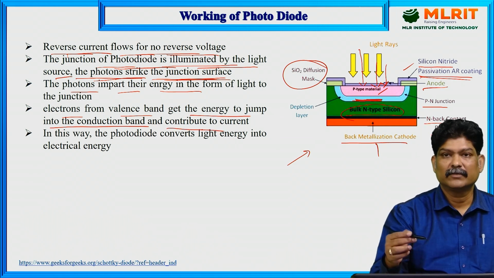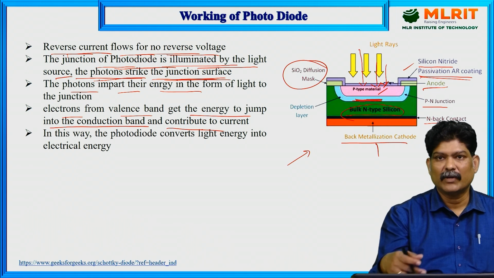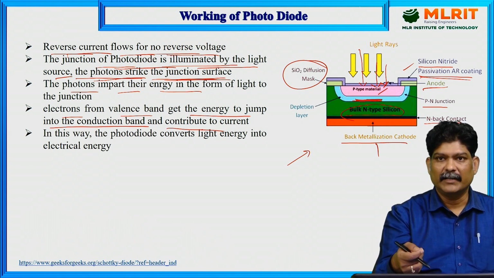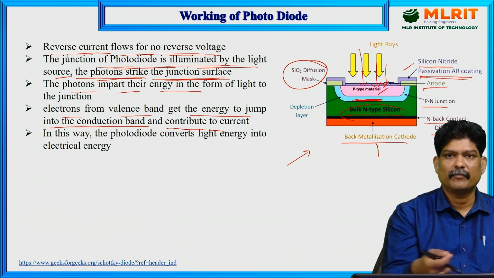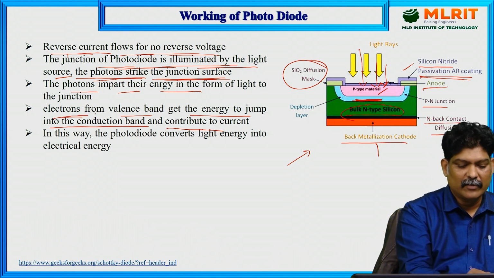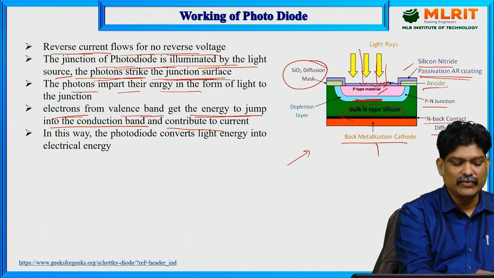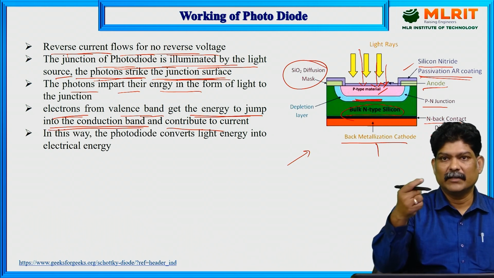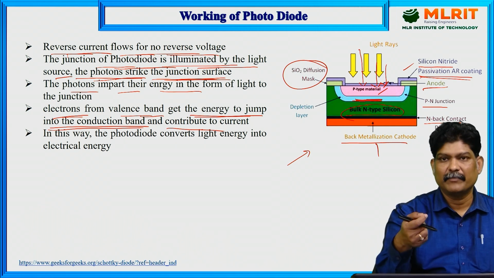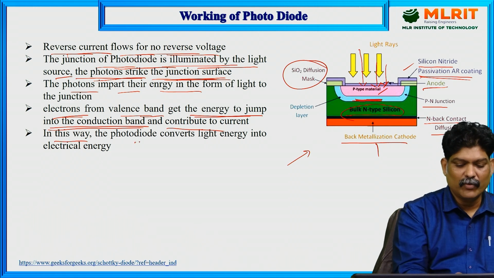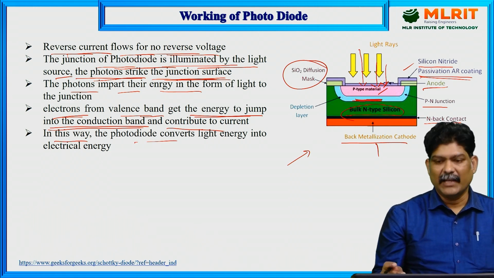The particles at the junction acquire some energy from the light and move freely within the circuit. In this way, the photodiode converts light energy into electrical energy.